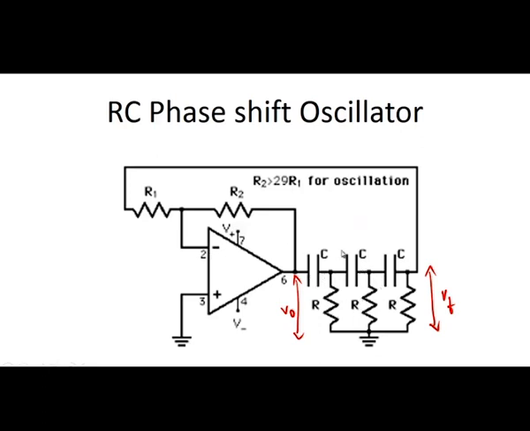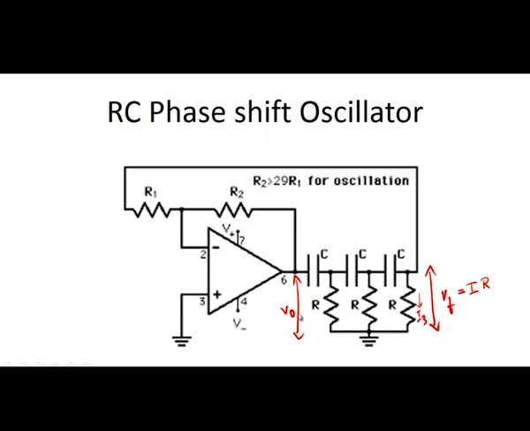So, here we have to calculate this feedback voltage Vf, and this feedback voltage is given as the current through the resistance R multiplied with R. Say this current is I3. Now, we have to calculate this I3.